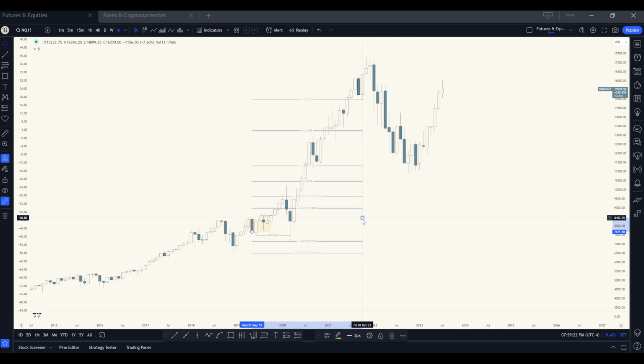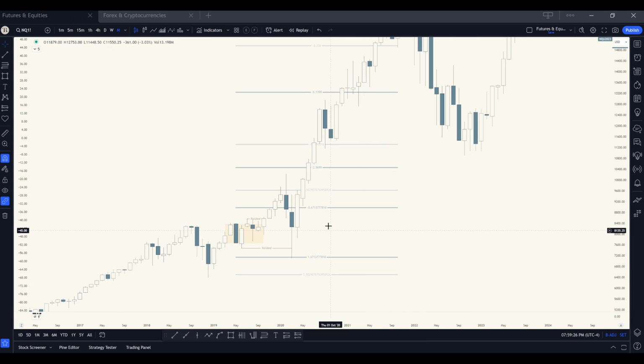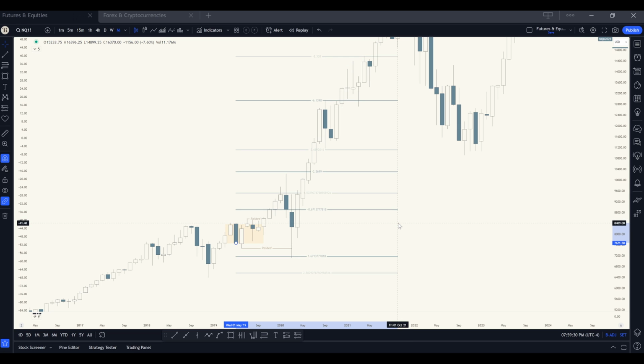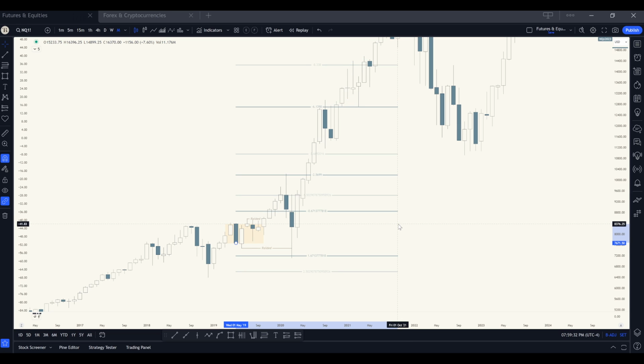Hold on, let me zoom in so I'm more accurate with this. There you go. Okay, so it barely hit that line. Remember where our targets are. This range is a target.